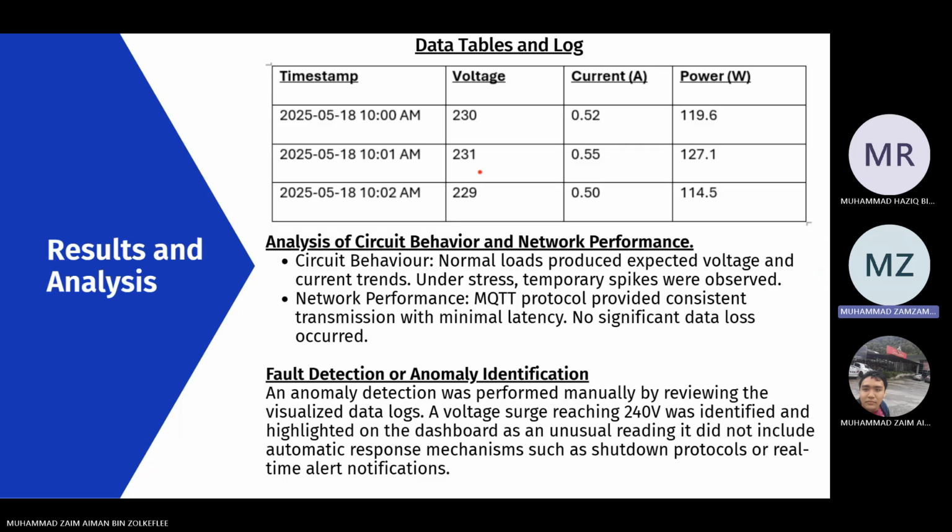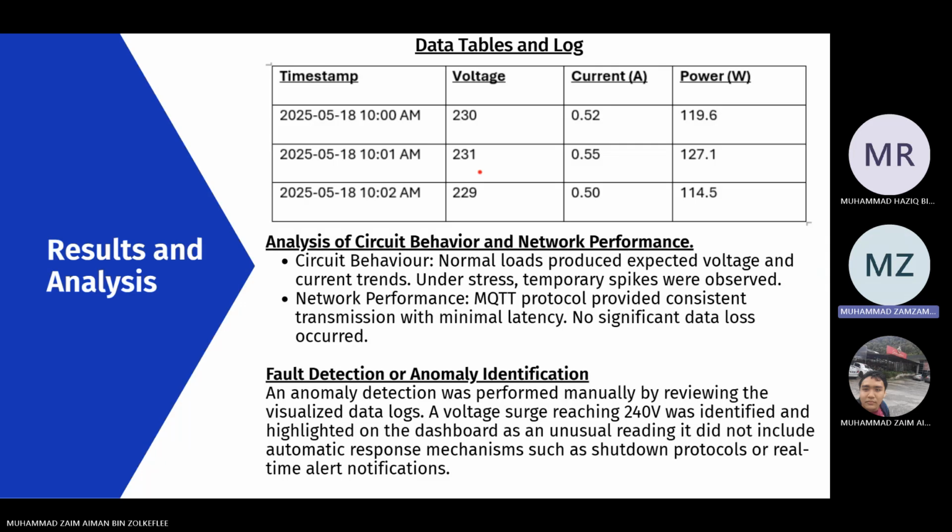There is fault detection or anomaly identification which we put in the system, and the anomaly detection was performed manually by reviewing the visualized data logs. A voltage surge reaching 240 volts was identified and highlighted on the dashboard as an unusual reading, and it did not include automatic response mechanisms such as shutdown protocols or real-time alert notifications.